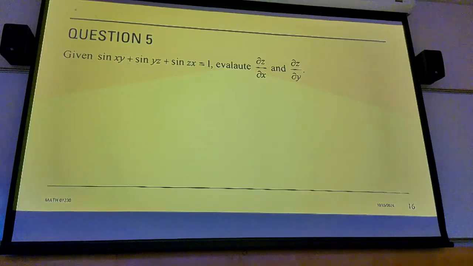Implicit. But we have the shortcut now. First thing you want to do is write your function as a 3-variable function, and it has to equal 0.